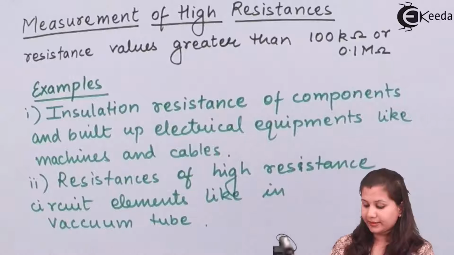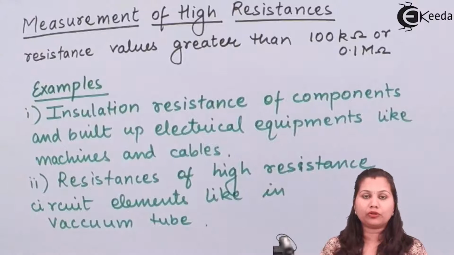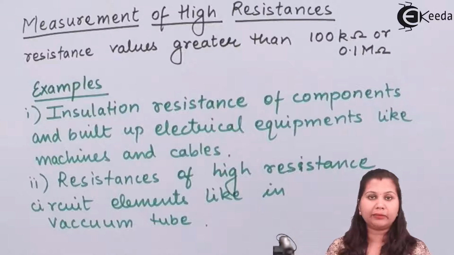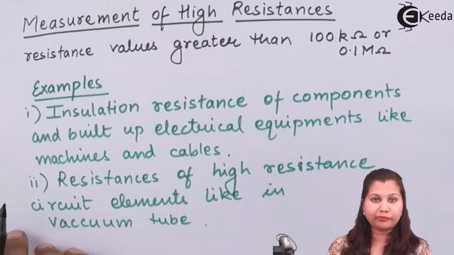Second example, resistances of the high resistance circuit elements like in a vacuum tube. In a vacuum tube also the resistance of the circuit element is very high, of the order of mega ohms.